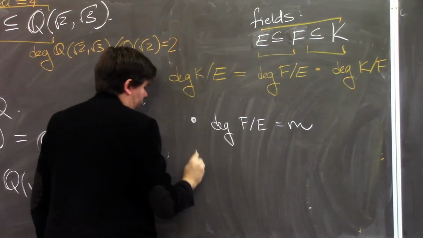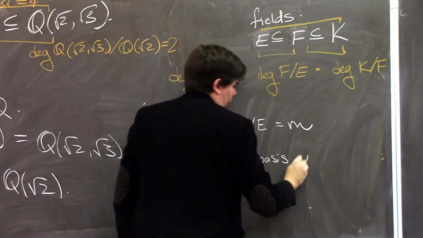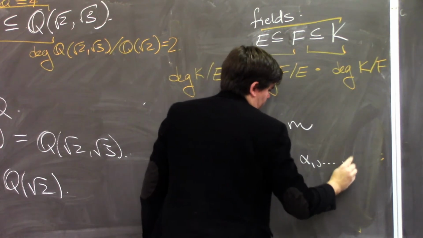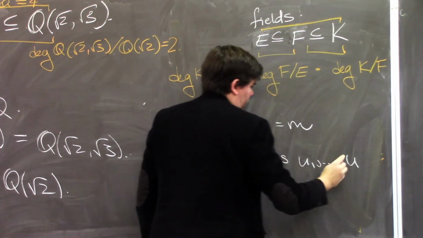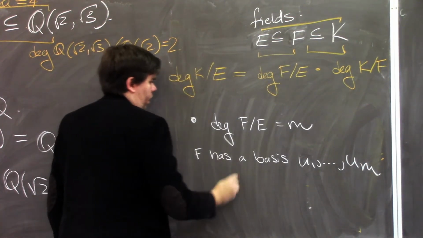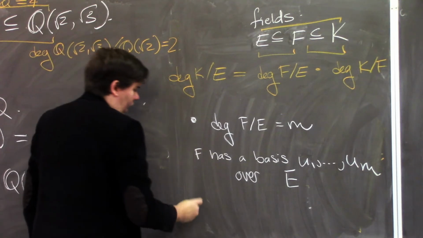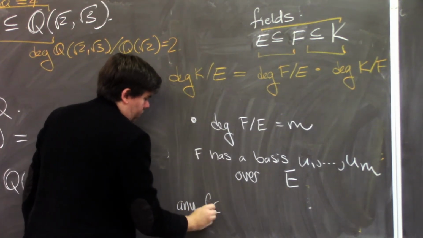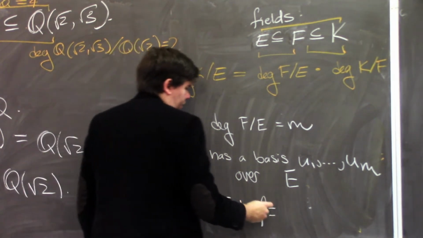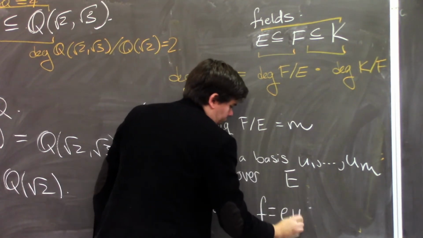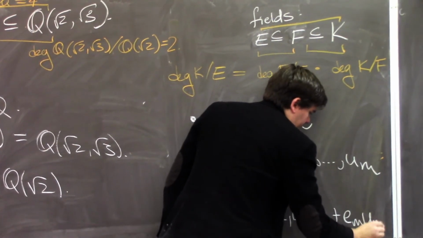That means F has a basis u1 through uM over E. So any element of F can be written as some scalar in E times u1 plus some scalar in E times u2 and so forth through some scalar in E times uM.